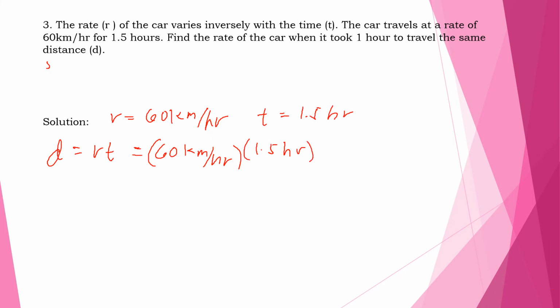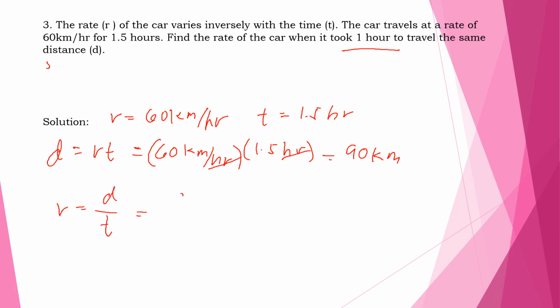So we substitute: 60 km per hour times 1.5 hours. Multiply and cancel the unit of hour, so we have 90 km. The question here is to find the rate when it took 1 hour to travel the same distance. Our formula for that is r equals d over t.